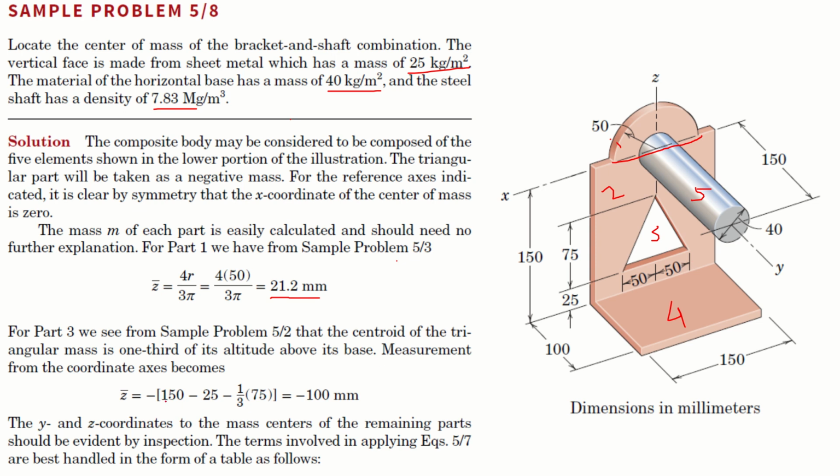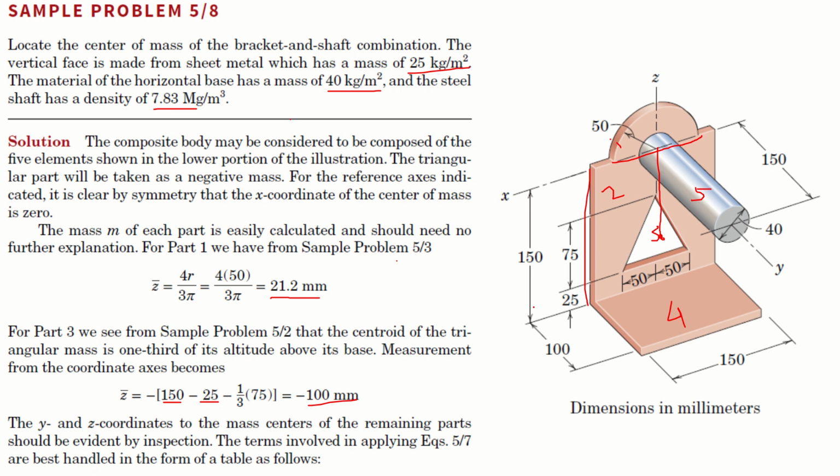So you have 150 millimeters, that is the total height from the origin to the bottom plate. From there we have subtracted 25, and then 1/3, as we know the centroid exists at 1/3 the height of the triangle. As a result, we have found the centroid of this triangle to be from the origin at about 100 millimeters.